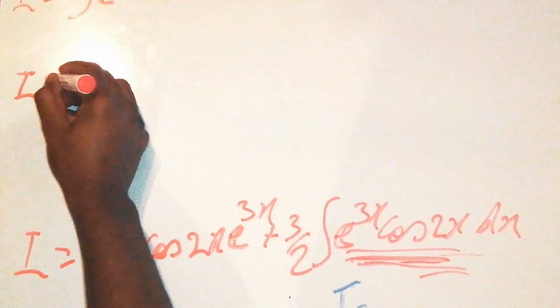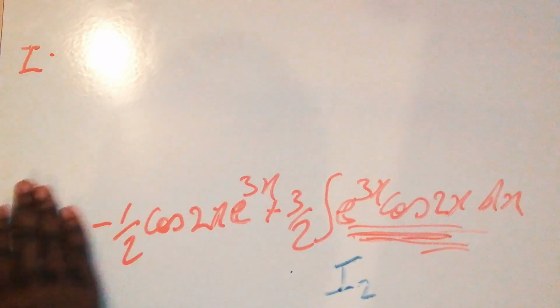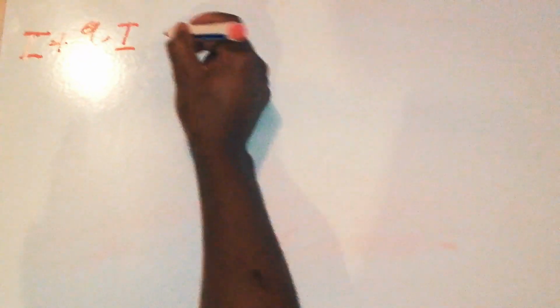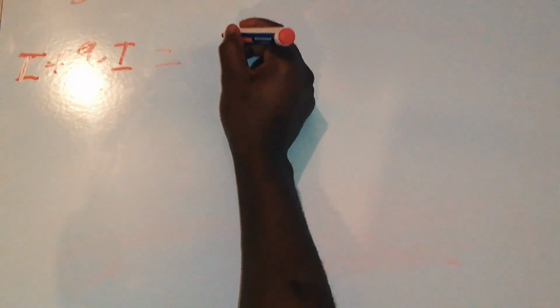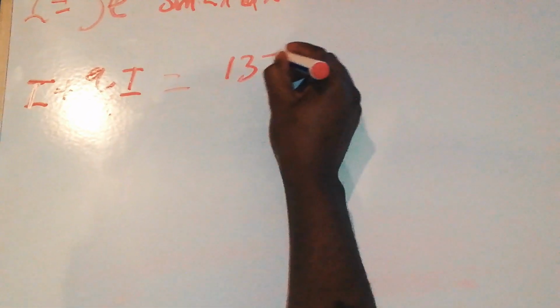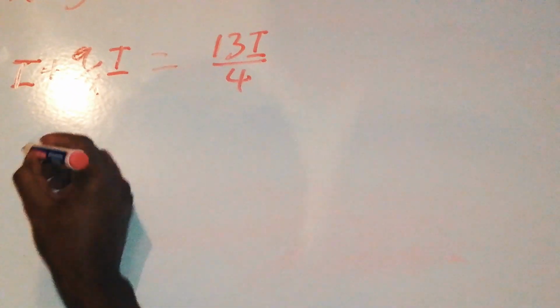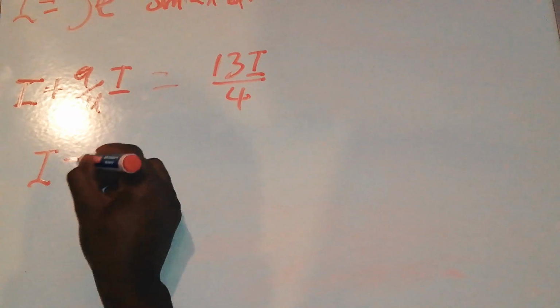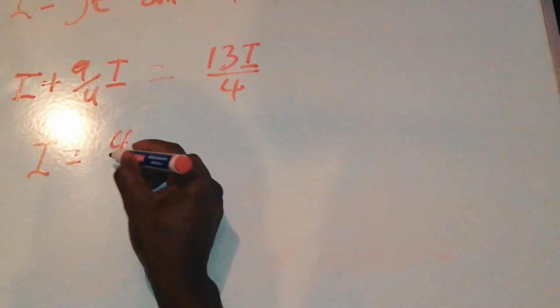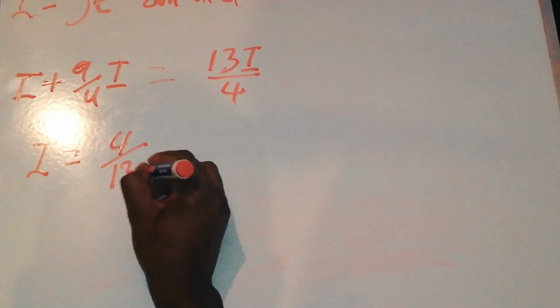I'm having I plus 9 over 4 I. This one is equal to 13 I over 4, okay? Which means then I is equal to 4 over 13.